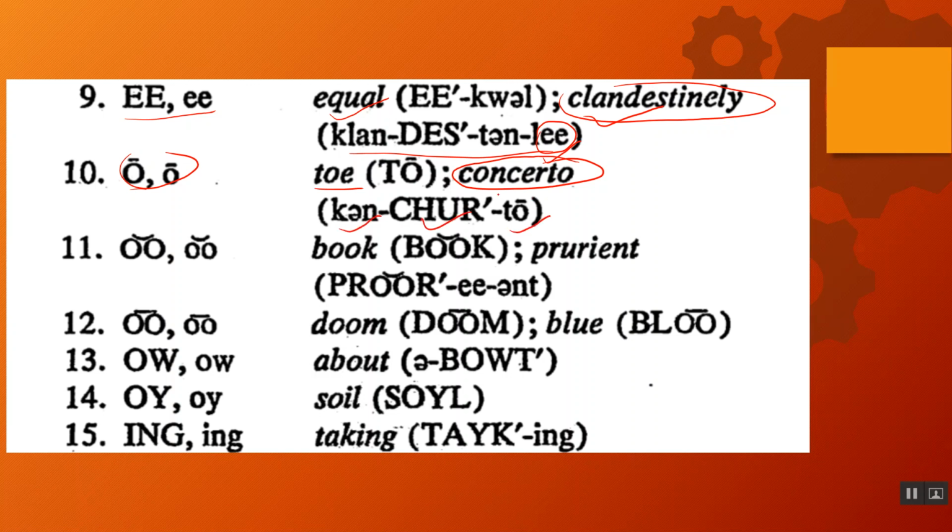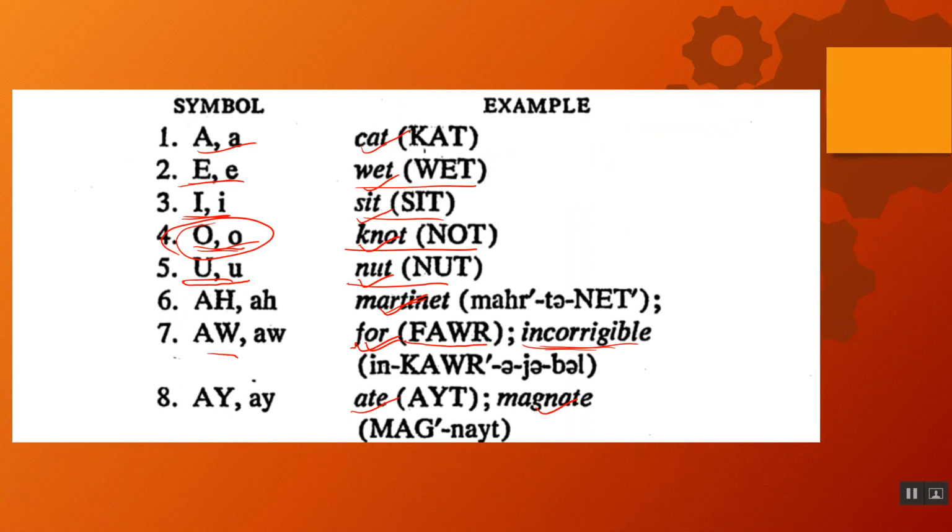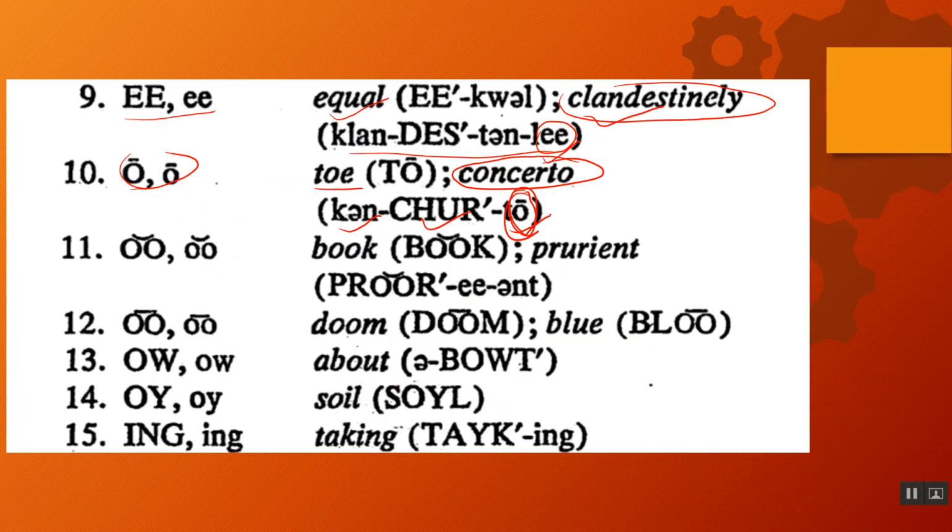So whenever you come across this symbol, it is to be pronounced as O. I'm talking about phonetics. Whenever you see phonetic language, this will indicate one O and this one will indicate the other. This is one U, and this is another U. Book, prurient, doom, blue, about, soil, taking.